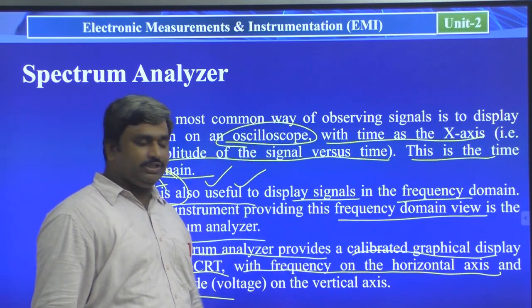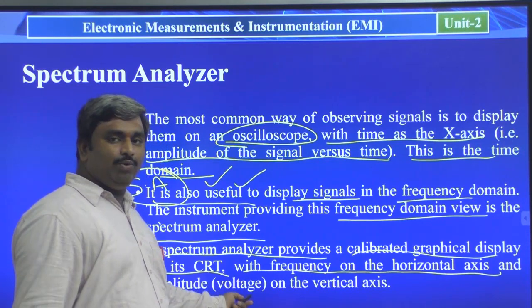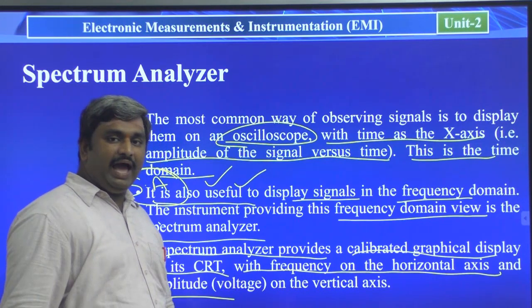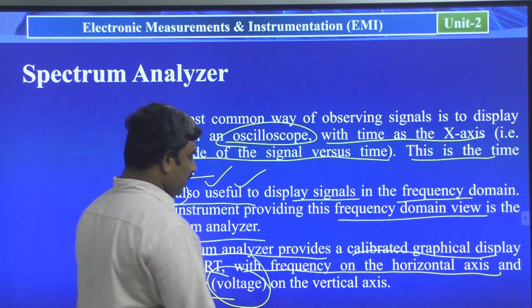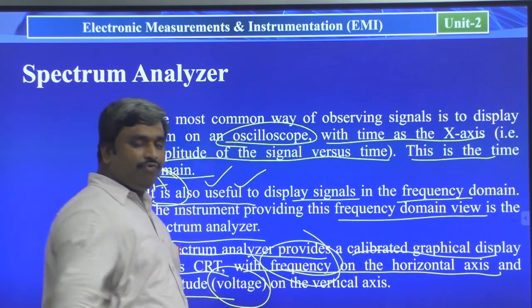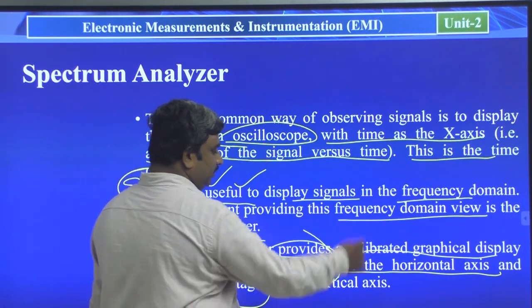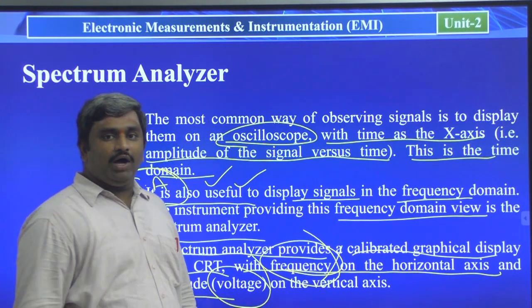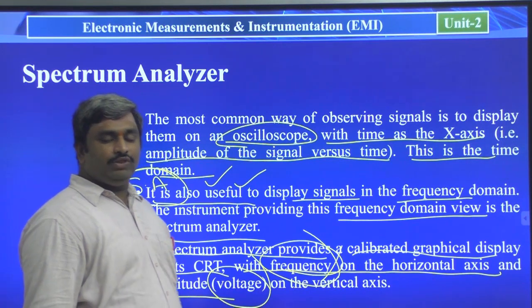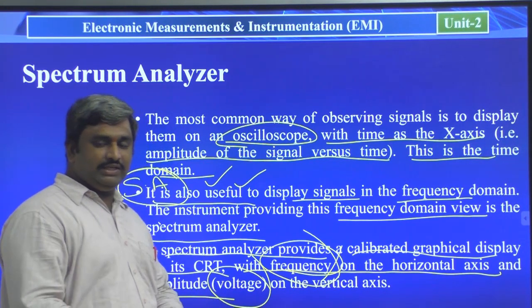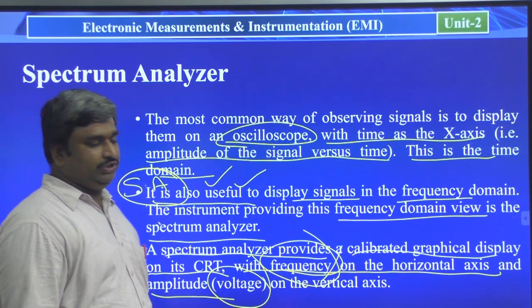On the horizontal axis it represents the frequency, and on the vertical axis it provides the amplitude information, that is, voltage information. This is very important. As electronics students, we know the importance of frequency, right? Without knowing the frequency of the signal, we cannot process any information.